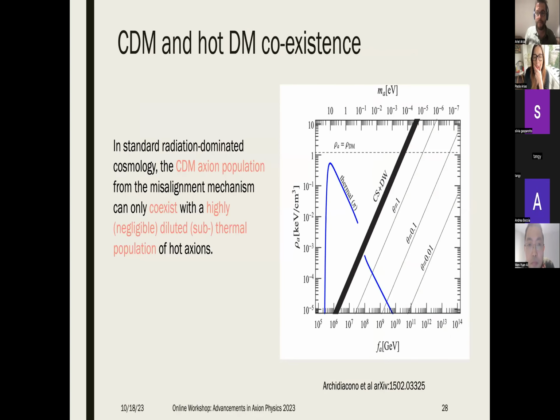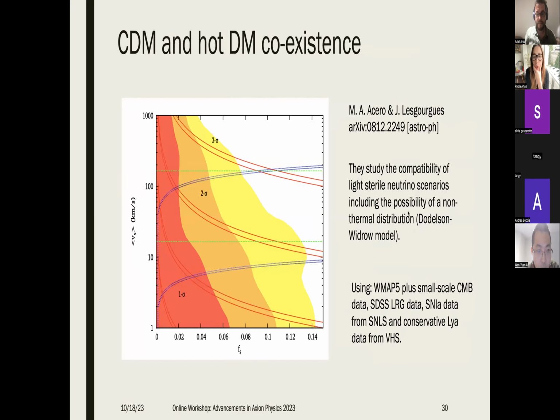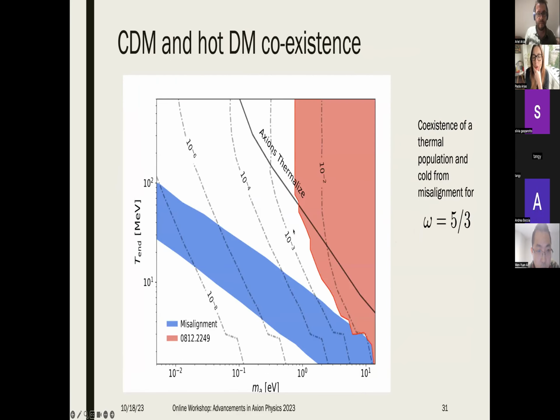In this kind of cosmology, these lines show the abundance of, in this case, subthermal axions, because they do not thermalize, they are below this line.